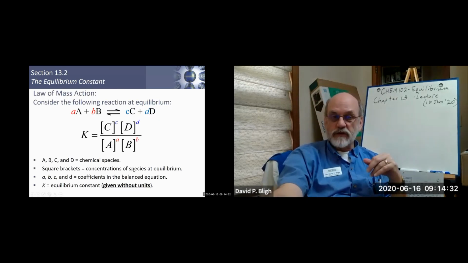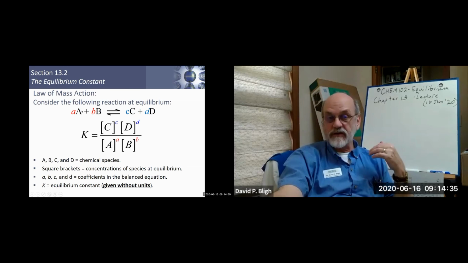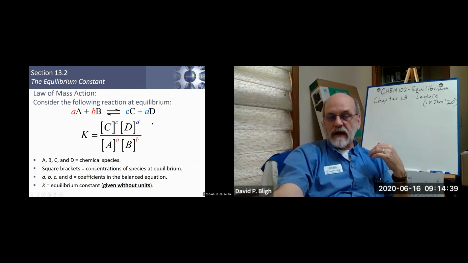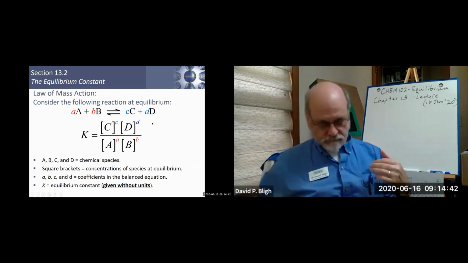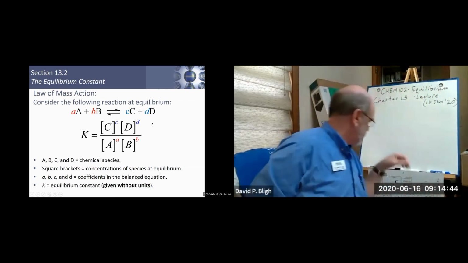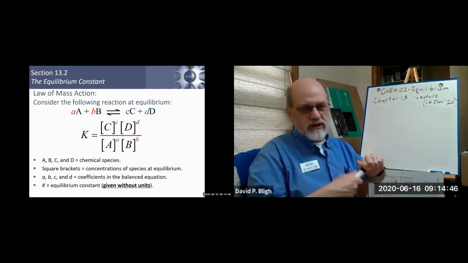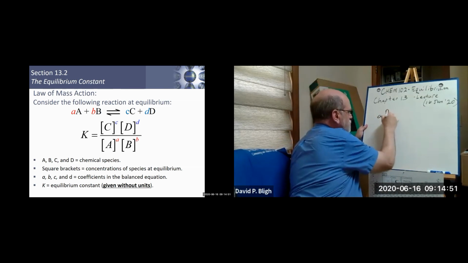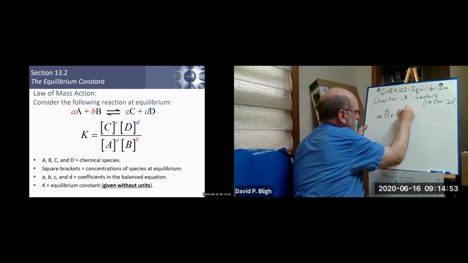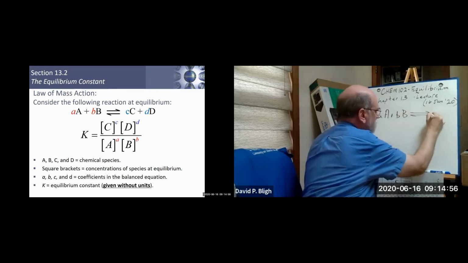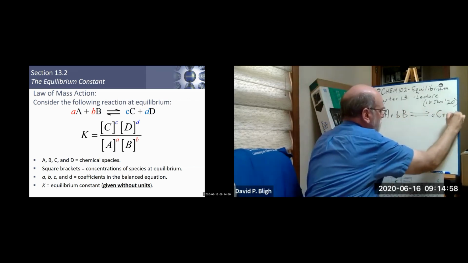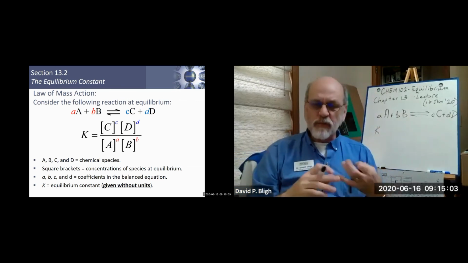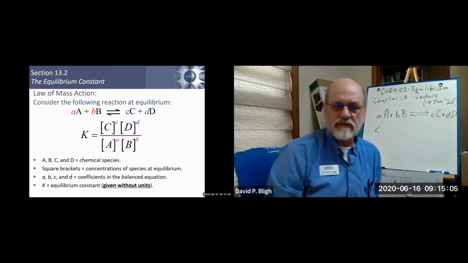And now if we go to our hypothetical reaction where A and B react to produce C and D, then you get a situation where this expression is equal to a constant value.